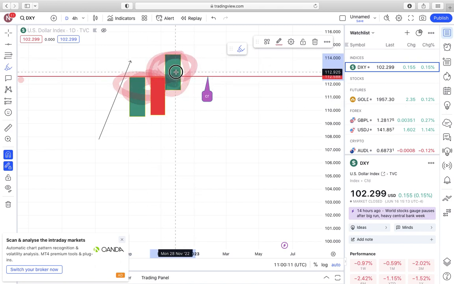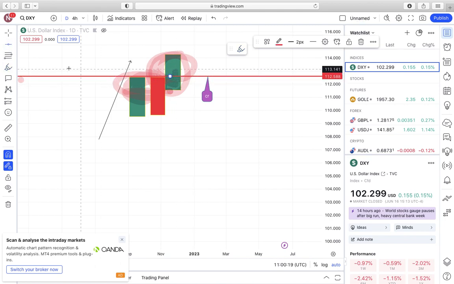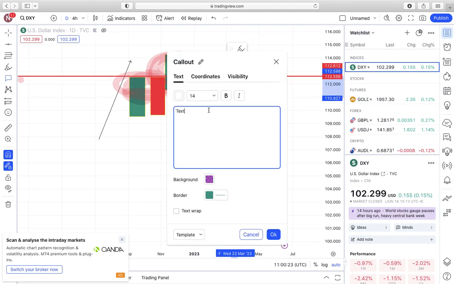A new support has been created, and when it is violated, this becomes our current support.